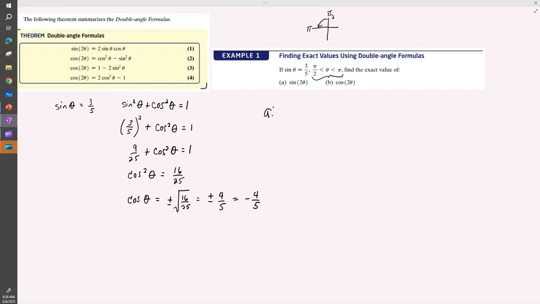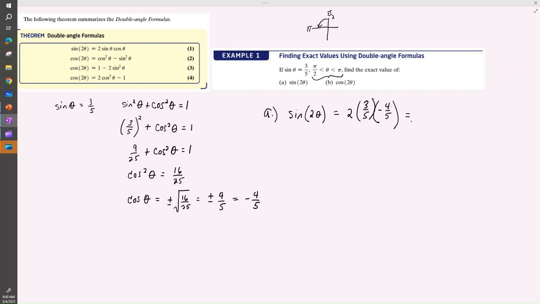Okay, so now for part A, we want the sine of 2 theta. And we've got both the cosine and the sine now, so we can plug it into our formula. And the sine of 2 theta is going to be 2 times the sine of theta, which they gave us to be 3/5, and then times the cosine of theta, which we calculated had to be negative 4/5.